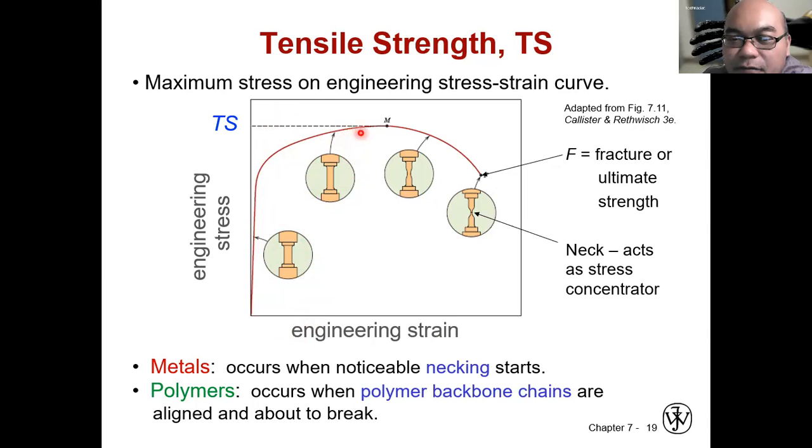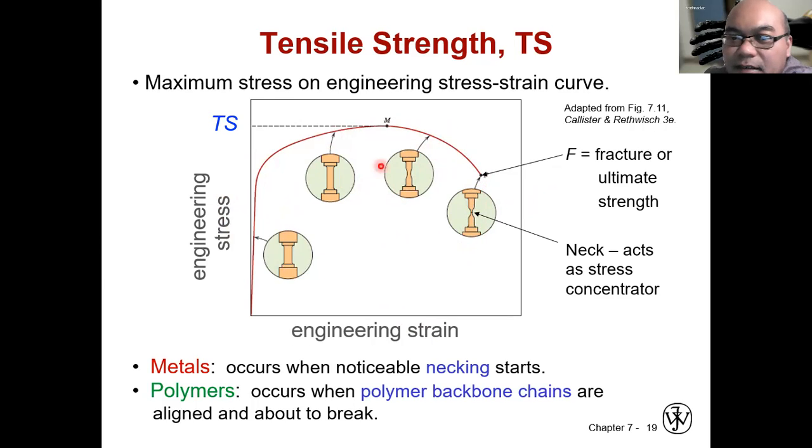However, if you pull further, pull until a certain point here, it will start to break. Why does this graph decrease? It means if you pull further, the stress does not build up anymore. Instead, it will start to decrease until here the specimen breaks. This deformation is when necking starts to occur at the middle of the specimen. Then it starts to break.